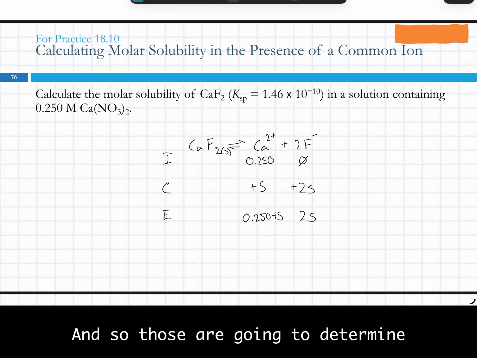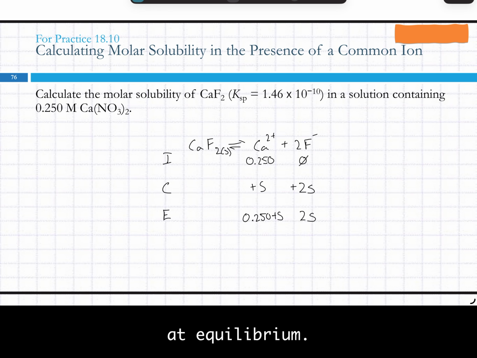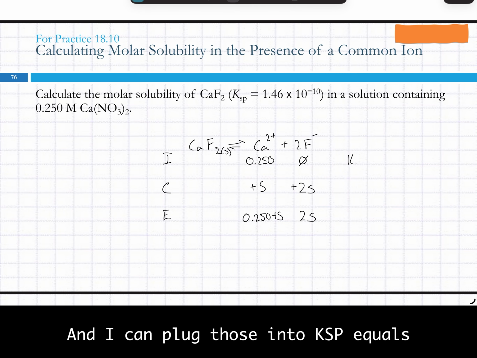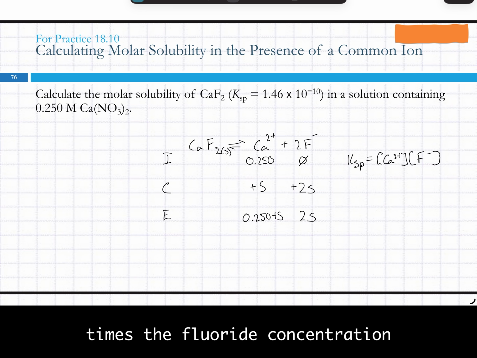And so those are going to determine what my concentrations of calcium and fluoride will be at equilibrium. And now I can plug those into Ksp equals calcium 2 plus times the fluoride concentration squared.